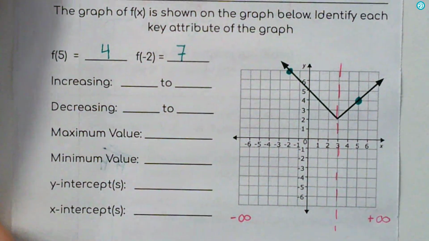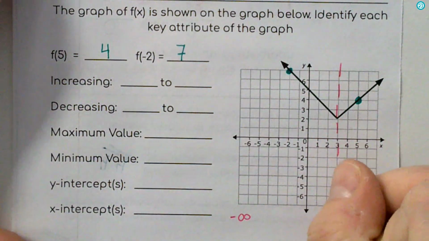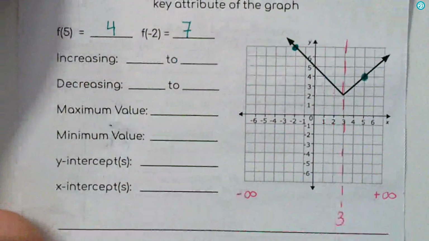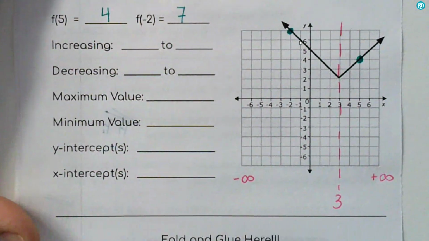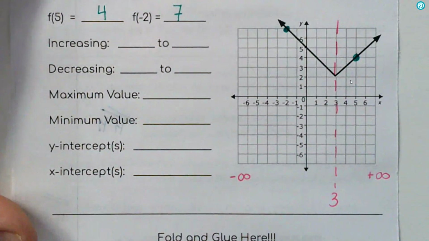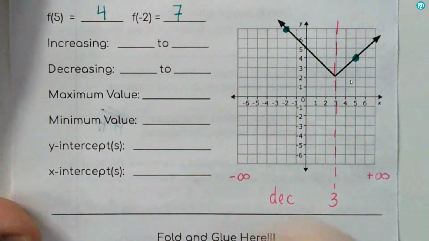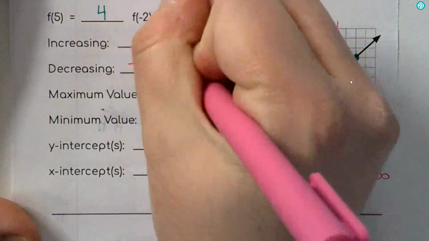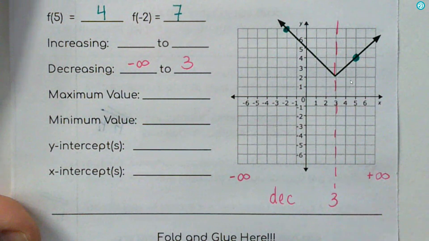What is my switching point? 3. Yes, you need the x value of your switching point. So I switch at 3. So my graph is going down, down, down. So it is decreasing from negative infinity to 3. And then I start increasing from 3 to infinity.